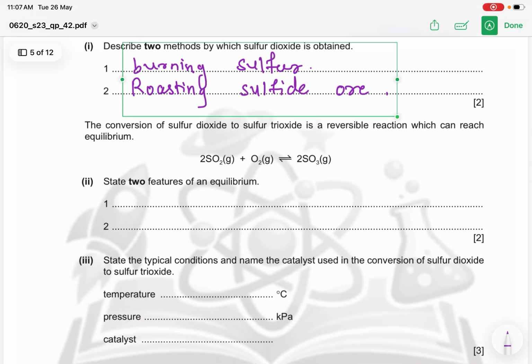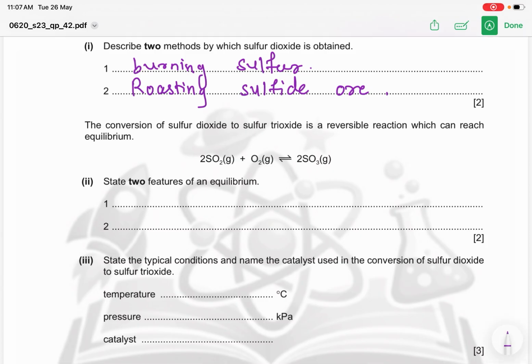Next, the conversion of sulfur dioxide to sulfur trioxide is a reversible reaction which can reach equilibrium. They have also given us the equation. State two features of an equilibrium. This is a constant answer. Whenever they ask you features or characteristics of equilibrium, you have to write the same answer.